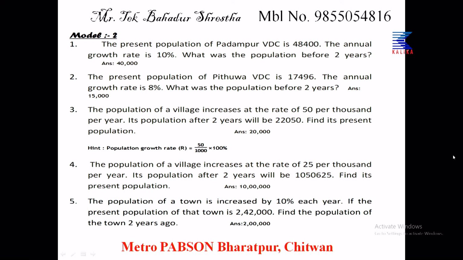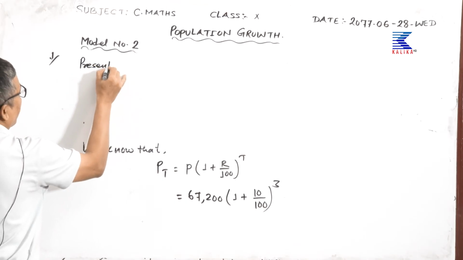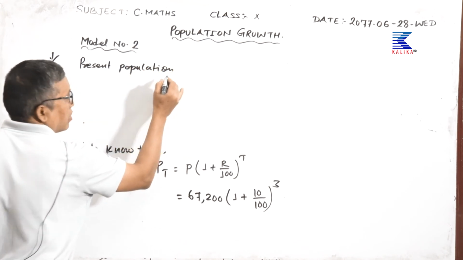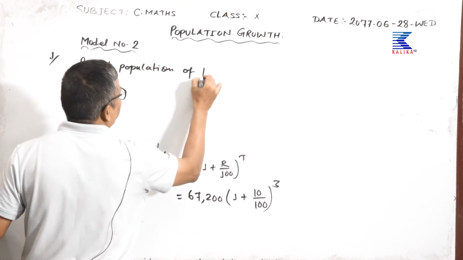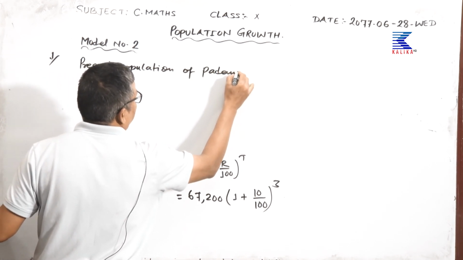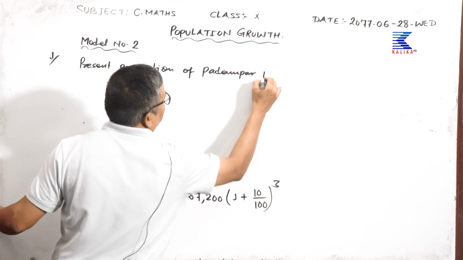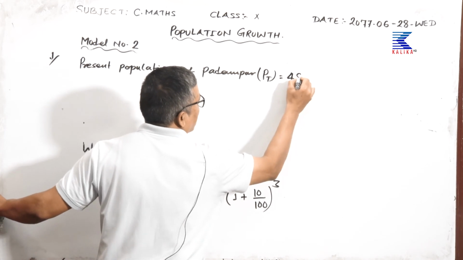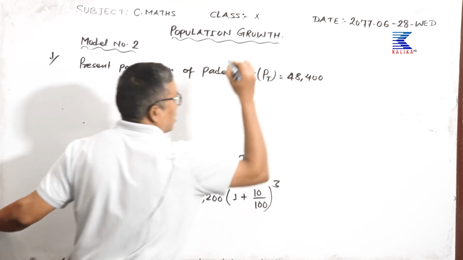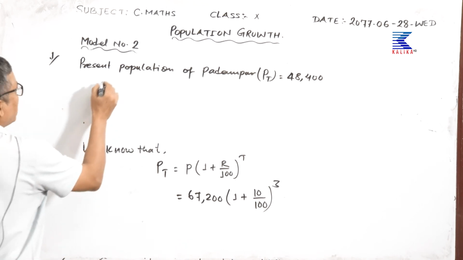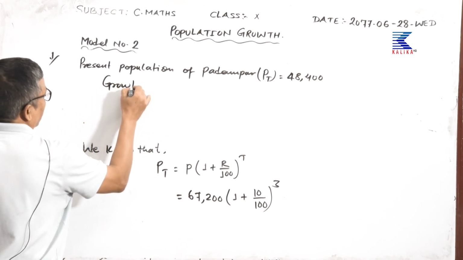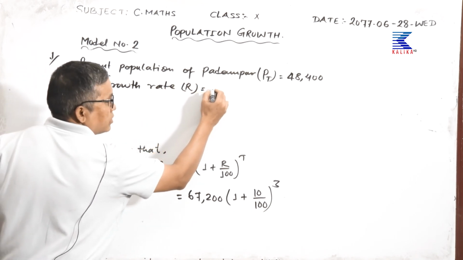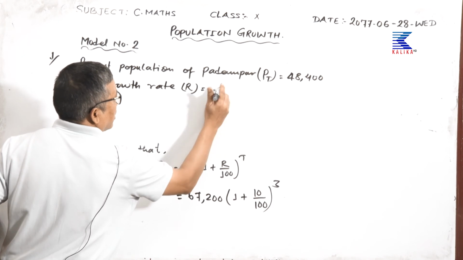Present population of Padampur, Pt is equal to 48,400. Growth rate R is equal to how much? 10%.